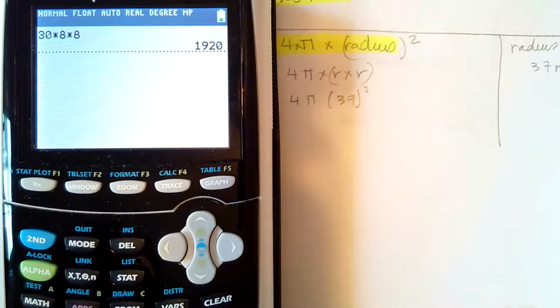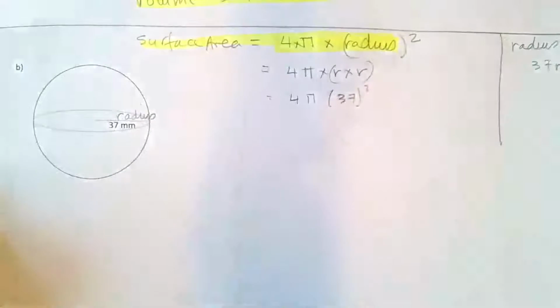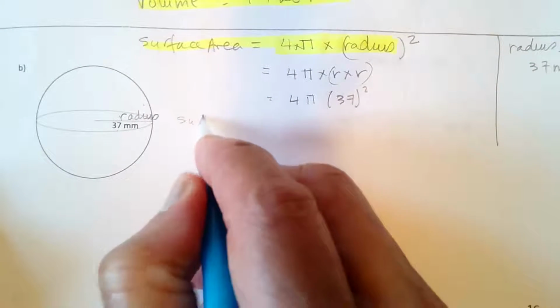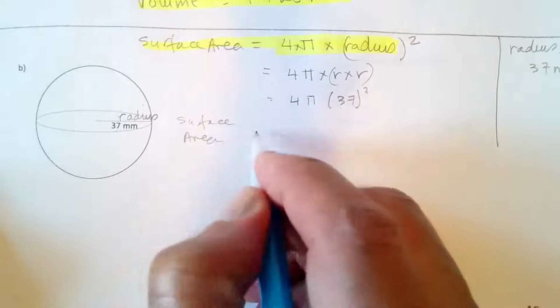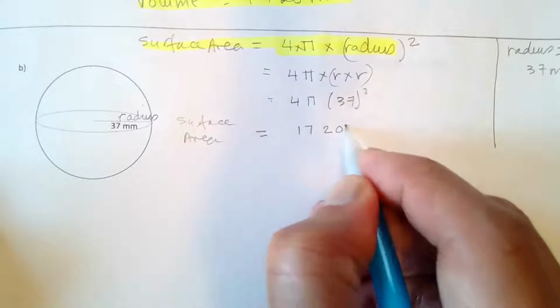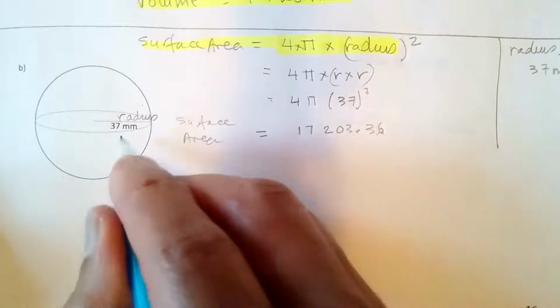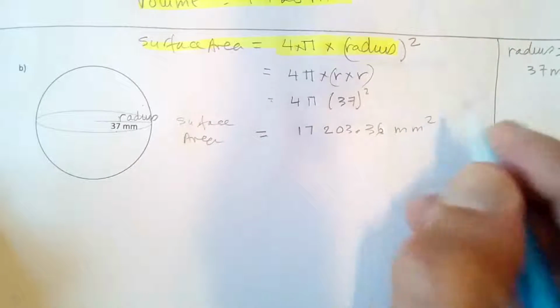So we have 4 times pi multiplied by, I'm going to put a bracket here, 37 squared, bracket. It gives me a result of 17,203.36. So surface area is equal to 17,203.36, and it's in millimeters, so squared.